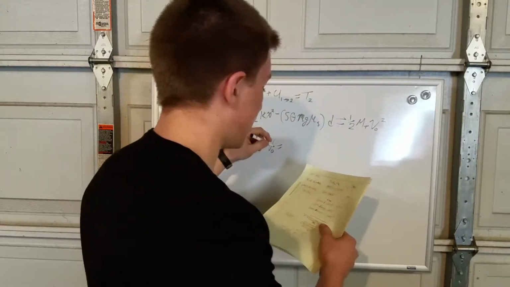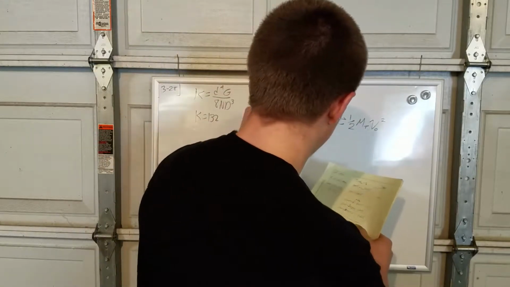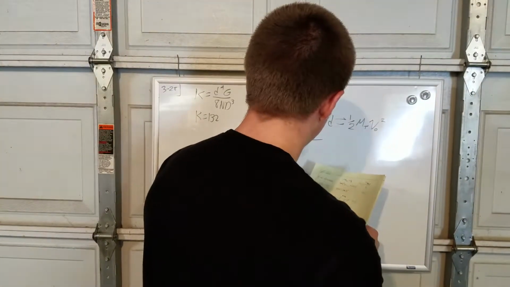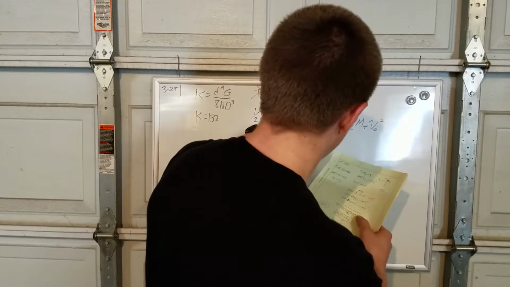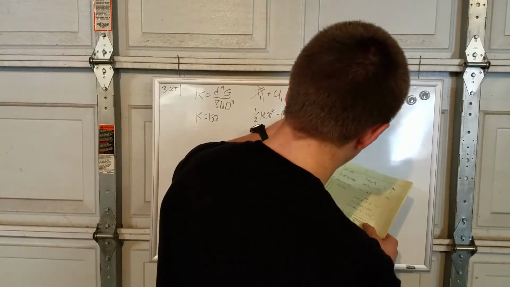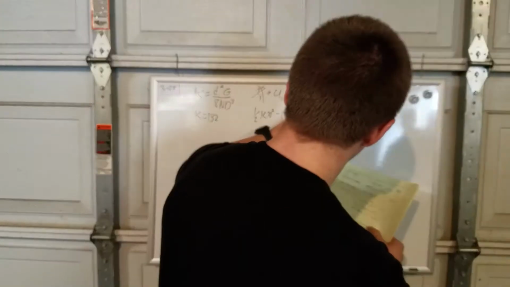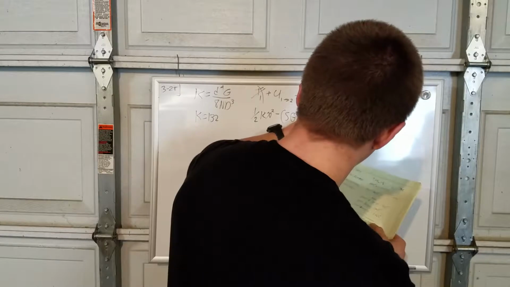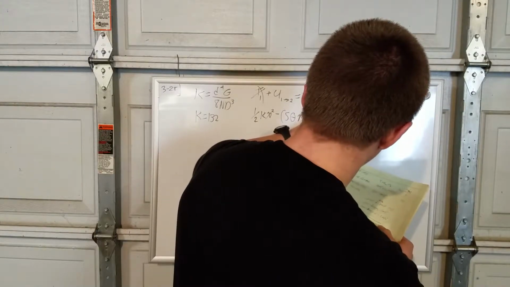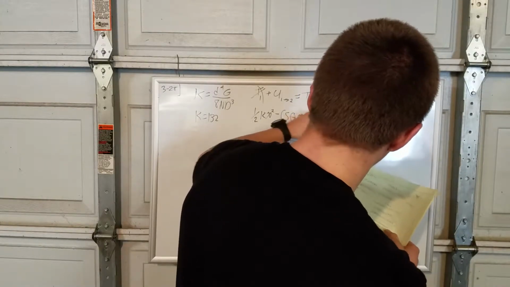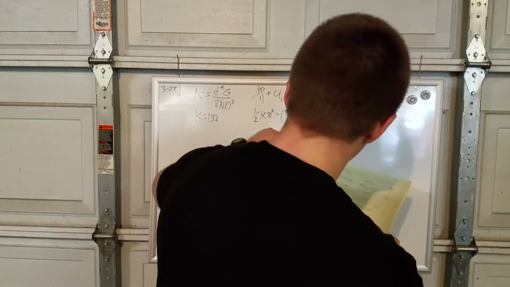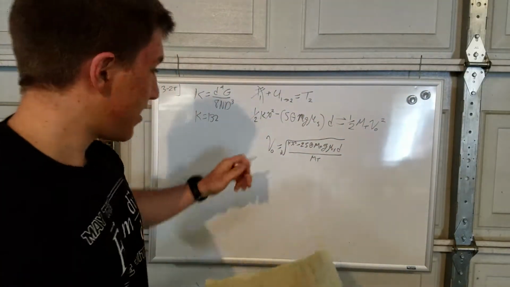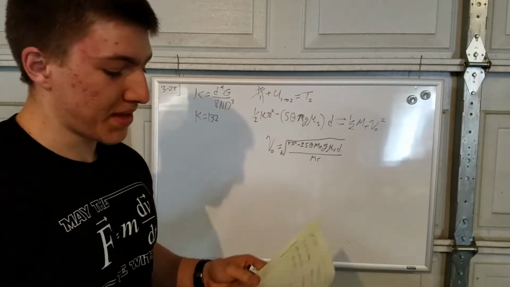Initial velocity is equal to the square root of spring constant times deflection squared minus 2 sine of theta, mass of projectile times gravity times coefficient of static friction times the distance, all divided by the total mass. And that gives us the initial velocity.